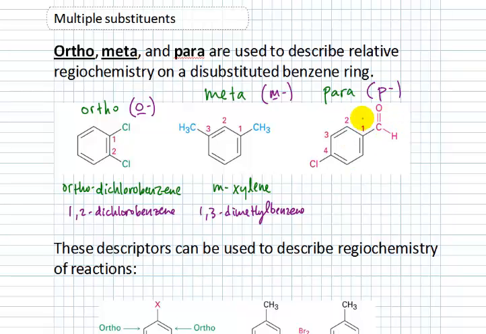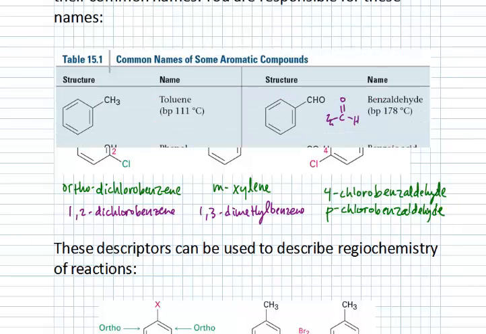That's benzaldehyde. So this is 4-chlorobenzaldehyde. We could just as easily call that para-chlorobenzaldehyde. We can use ortho, meta, or para anytime we have 2 substituents.